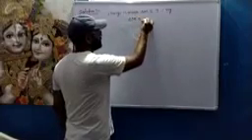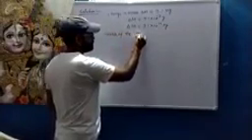Just convert into kilogram. Delta M is 9.1 10 to the power minus 9 gram, converted to kilogram, so 9.1 10 to the power minus 12 kilogram.